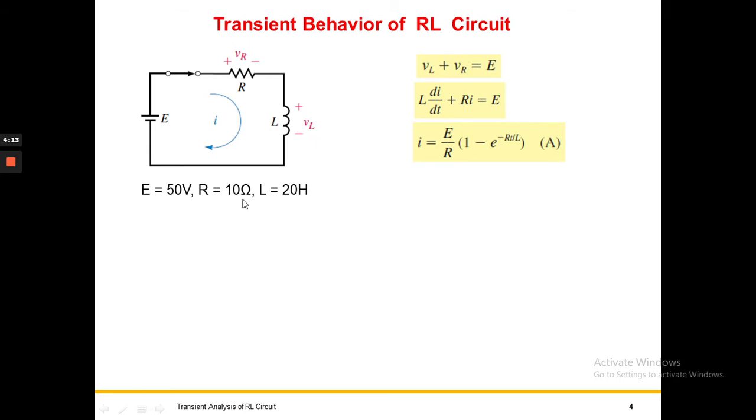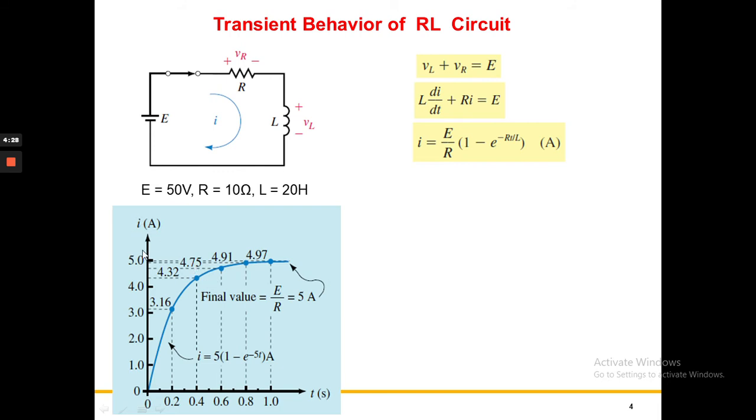For example, consider typical values: supply voltage 50 volt, resistance 10 ohms and inductance 20 Henry. Solving this equation, you will get the response of this current like this. This is a 1 minus exponentially decreasing value, that means exponentially increasing.